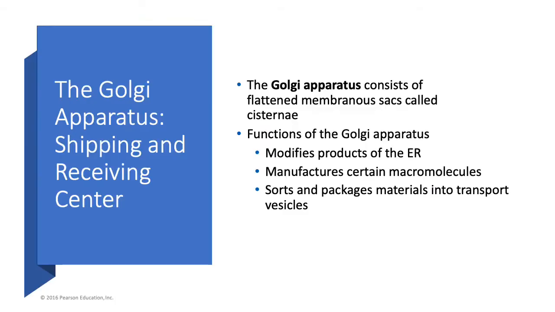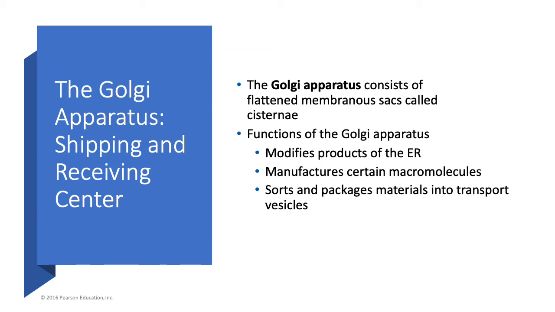Okay, so we said the endoplasmic reticulum makes stuff and ships it off to other places. The Golgi apparatus is another membrane-bound organelle that I like to think of as the FedEx of the cell. So it receives packages and then it figures out where they're supposed to go and then it sends them off to that place.